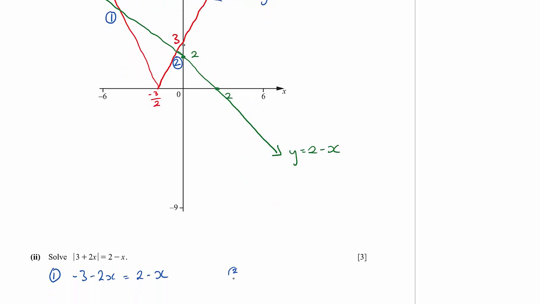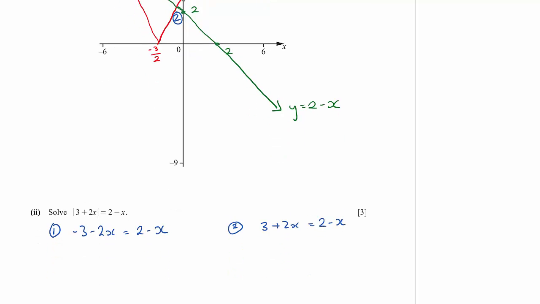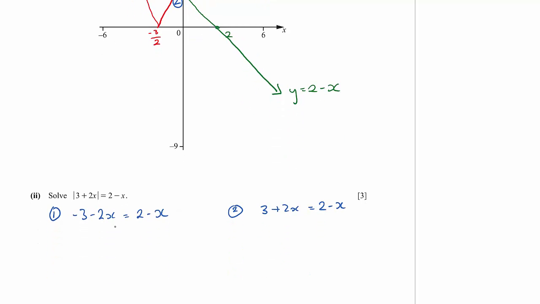And the second intercept, number 2, is when 3 plus 2x is equal to 2 minus x. So let's add 2x to both sides. And then this one becomes 2 plus x is negative 3. And then subtract 2 gives us x equals negative 5.